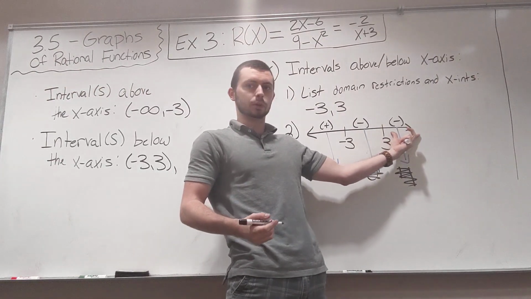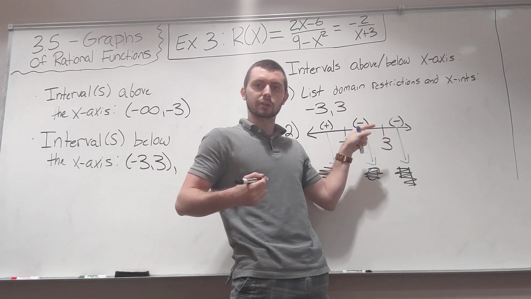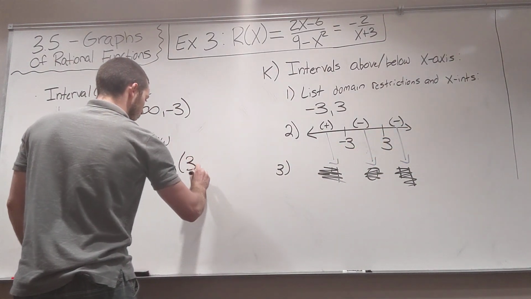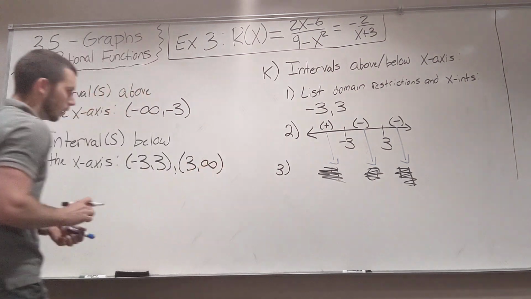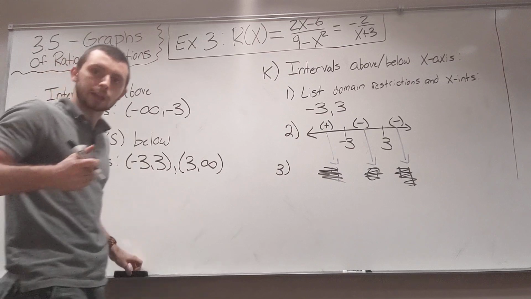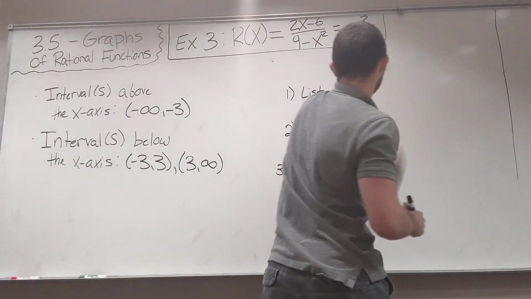It's this segment here, which is +3 all the way to +infinity. And so now that we have all of this information, we can go ahead and conclude with the graph of the function.